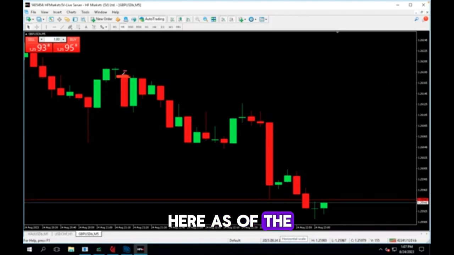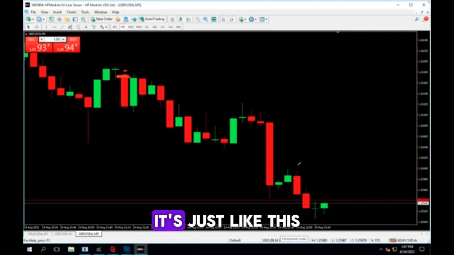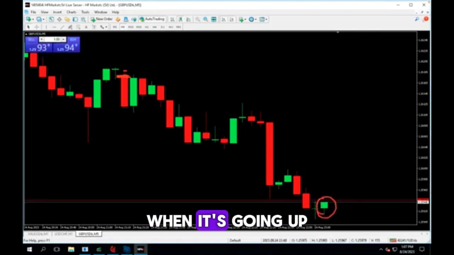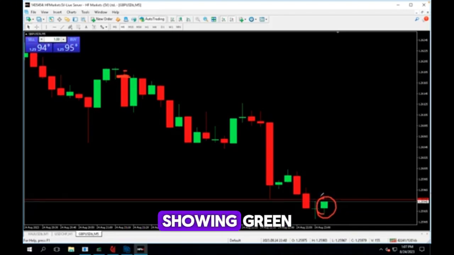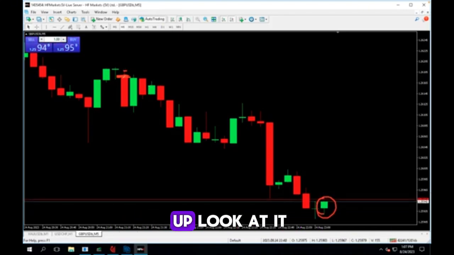As at the time it went up, what do you think the color of the candle will be? Green. It's just like this one that is forming now. When it's going up, the body will be showing green because the market thinks it wants to go up. But instead of going up, look at it, it began to come down.